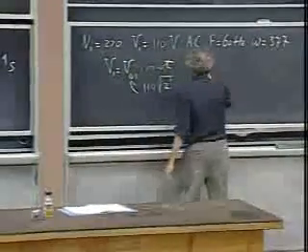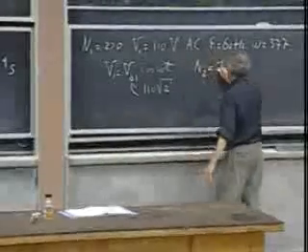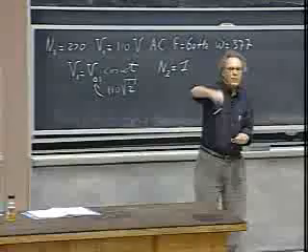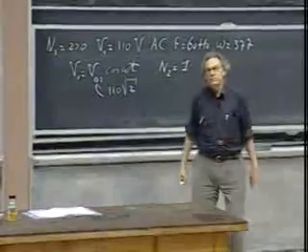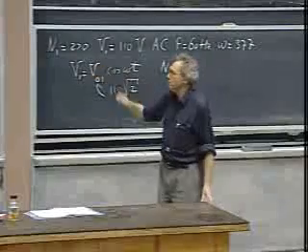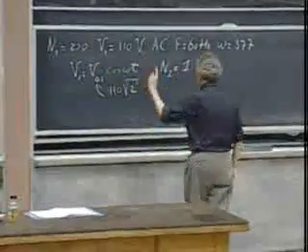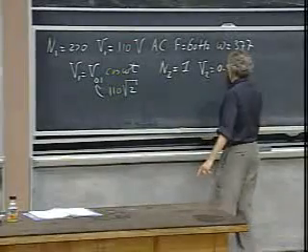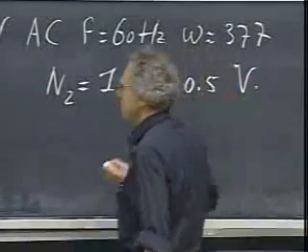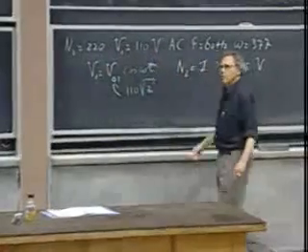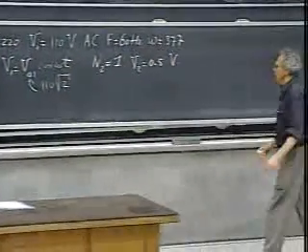I can now make the secondary just one winding. I have a wire that I wrap around once. And if indeed that equation holds, which it will, I expect now that V2 will be about 0.5 volts, namely the 110 volts divided by 220, which is the ratio primary over secondary.